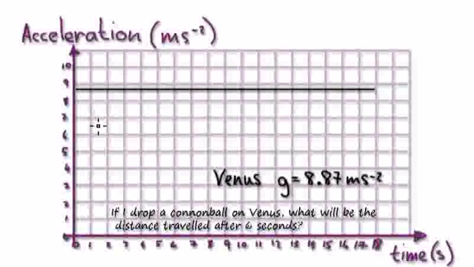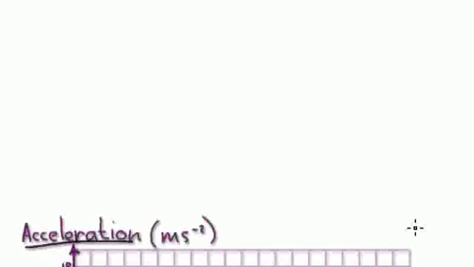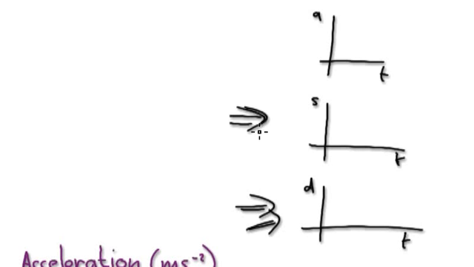Remember, I've given you the acceleration time graph, and inside your mind you should always visualize the three graphs: speed time, distance time, and acceleration time. The distance time one is most of the time useless. You really want to use the speed time graph.